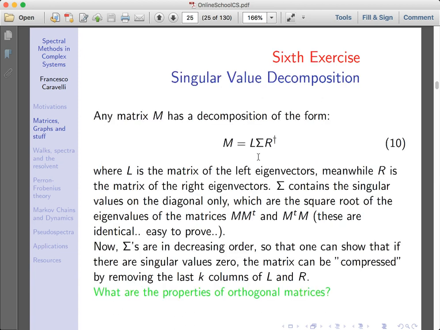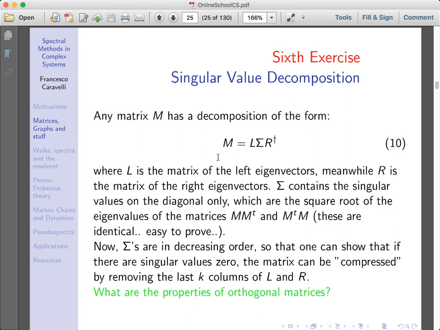And so here is why I introduce singular value decomposition. The singular value decomposition can be used to calculate the inverse. Suppose that M does not have an inverse, which means some eigenvalues are zero. How can you calculate a pseudo inverse?